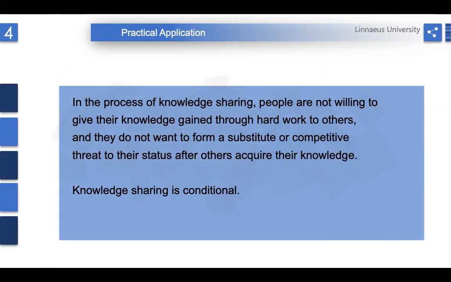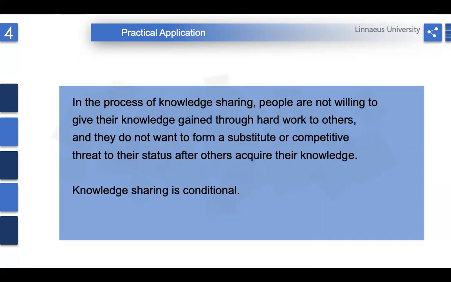In our daily work, people tend to do things that are good for themselves, and they are not willing to do things that sacrifice their interests and benefit others. In the process of knowledge sharing, people are not willing to give their knowledge gained through hard work to others, and they do not want to form a substitute or competitive threat to their status after others acquire their knowledge.